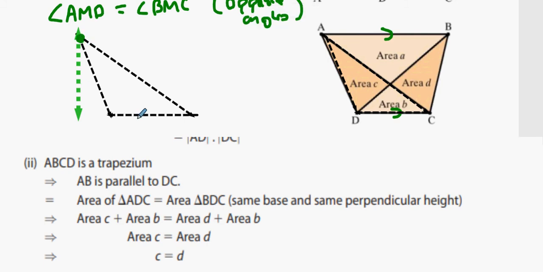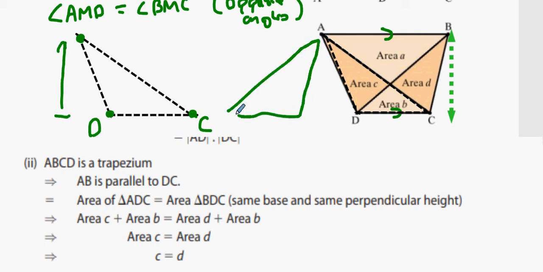They're saying that both triangles have the same vertical height, and their base lengths are the same. They both have a base length of DC and the same perpendicular height. So that's why the two triangles have the same area.